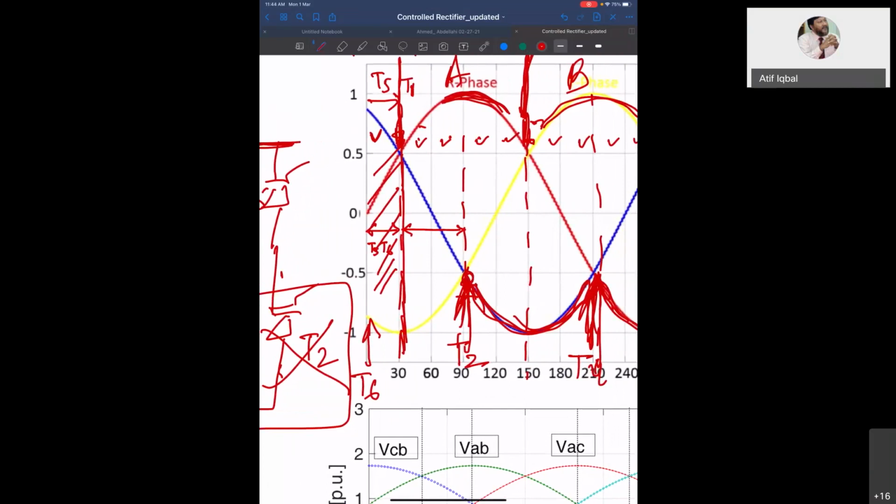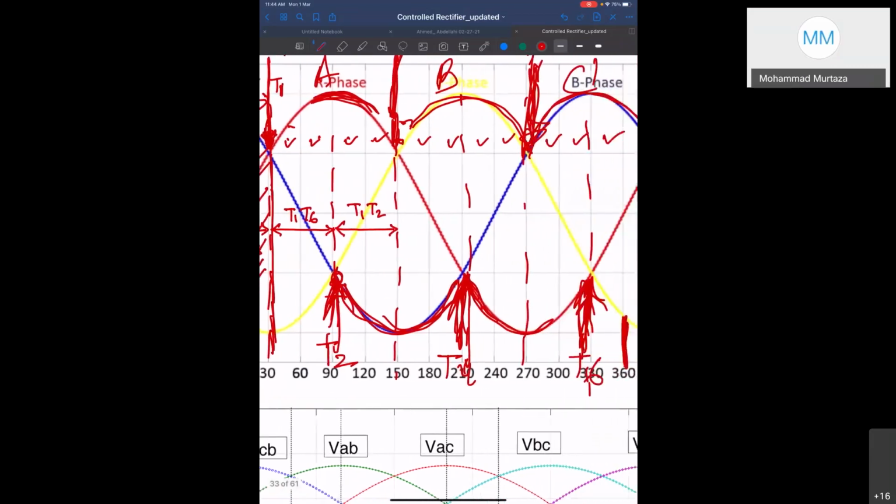T1 has started operating here. T1 and T6. Yes, T1 and T6 will operate here. Why T6 will operate? I will come to that point now. And what will be from here to here? T1, T2. Exactly, T1, T2.